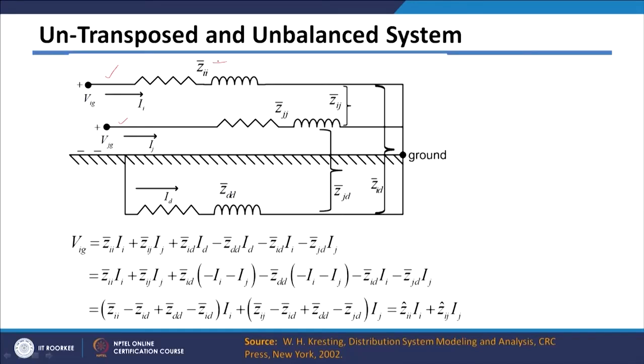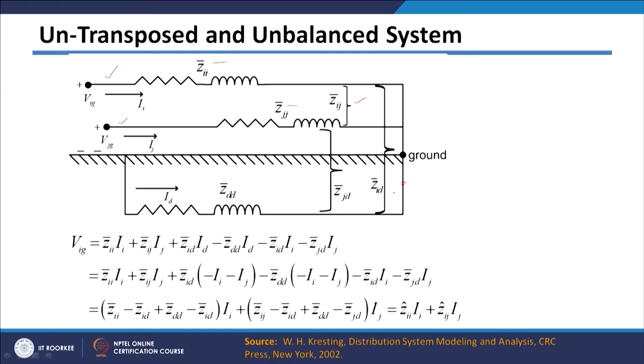Zii is the self impedance of conductor I, Zjj is the self impedance of conductor J, and Zij is the mutual impedance between them. Now, I am considering the ground also as one conductor, because it is carrying your unbalanced neutral current. In that case, earth will act as another conductor.